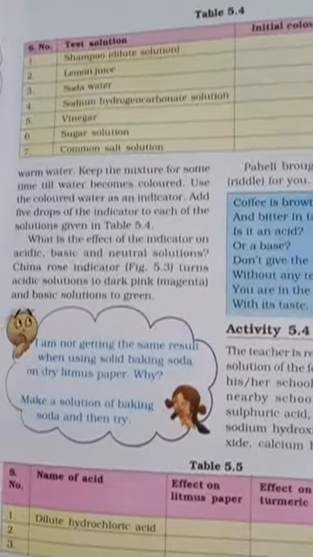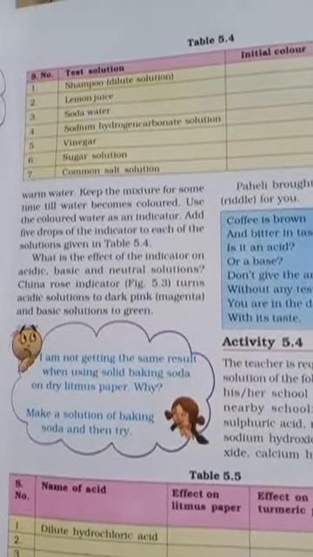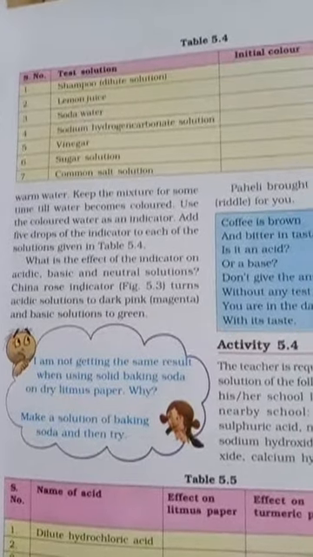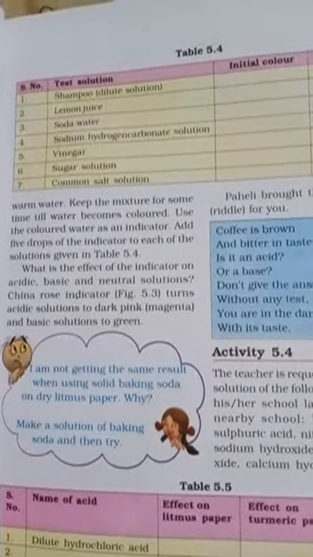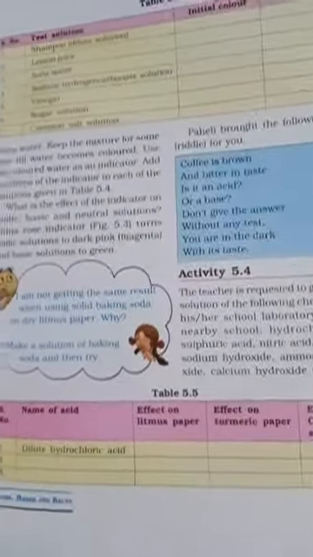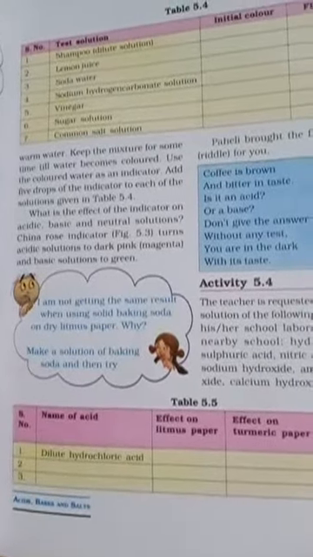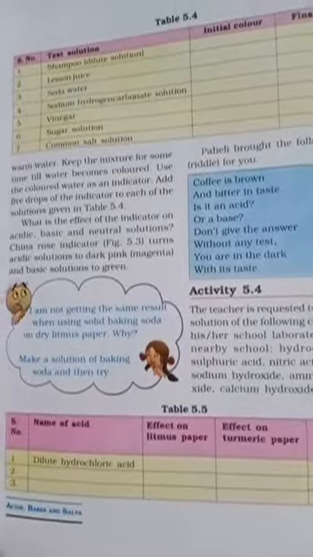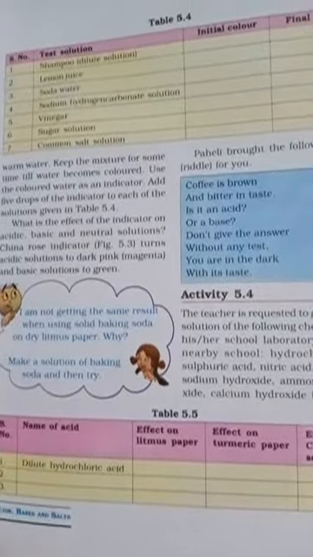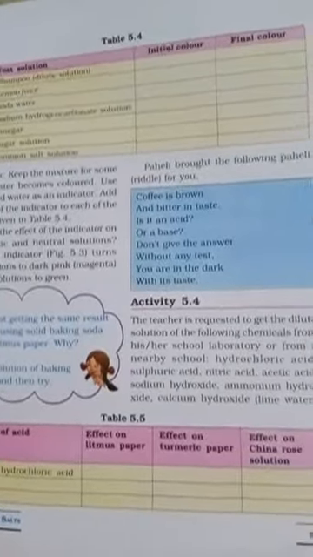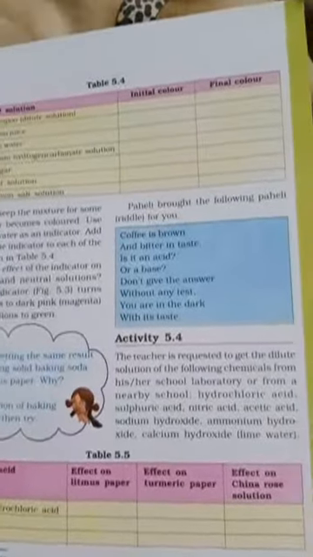So finally, the effect of the China rose indicator on acidic and basic solutions you have to write down in the given table. Here it is given: name of the acid, suppose dilute hydrochloric acid. We are going to apply all kinds of natural indicators.